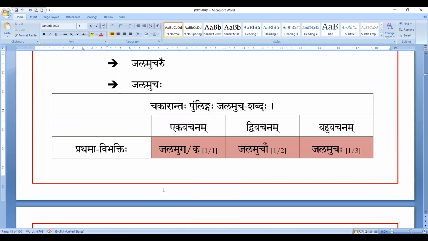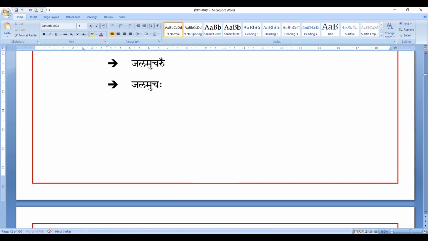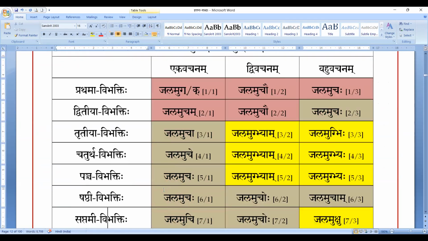So here you can see Chakarantaha Pullingaha Jalamuch Shabdaha. By seeing the forms, you should be able to recognize the rules applied. Jalamuch or Jalamuk, here Kuttva Vidhi is applied and Jashtva Vidhi is applied. Here just addition, Jalamuch plus Au. Here also just addition, and 2-1 also just addition.